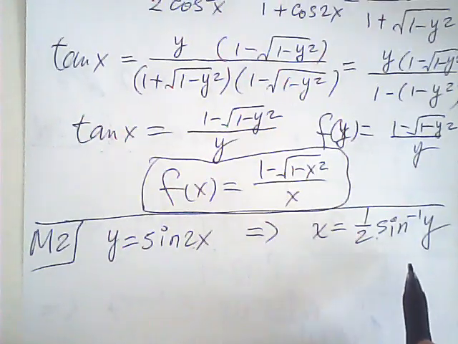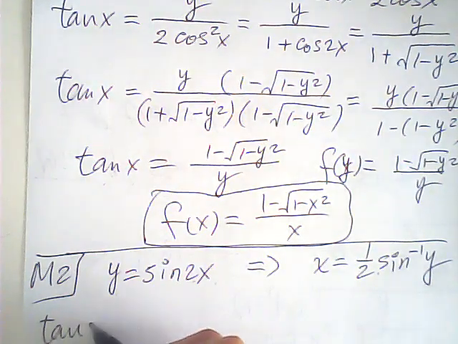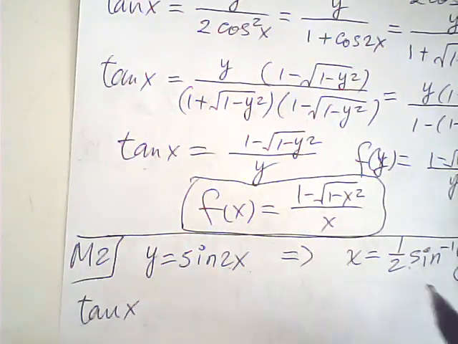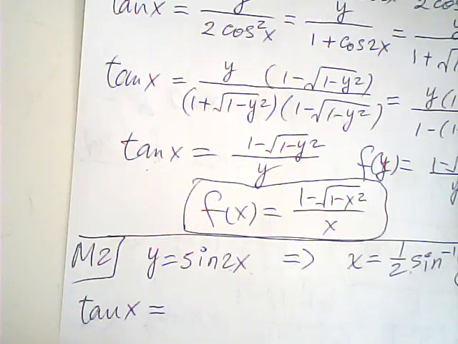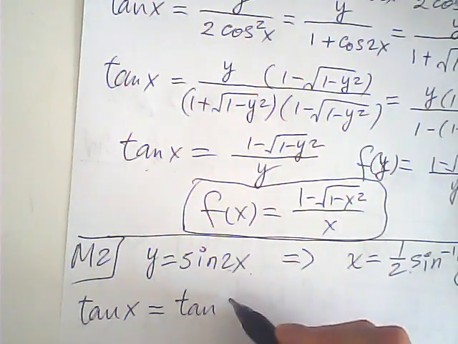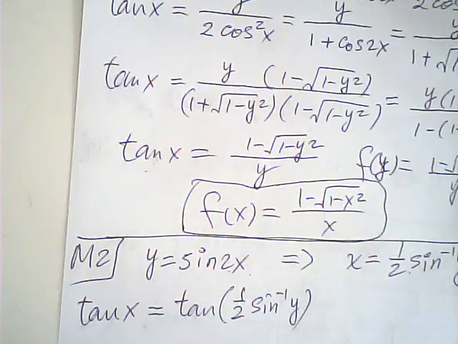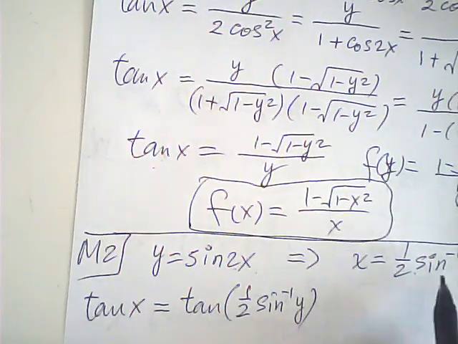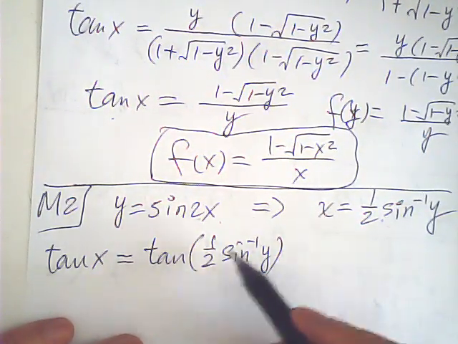Then I try to express tangent x in terms of y. This is equal to tangent of 1/2 arc sine y. x is this. Well, this is an angle.